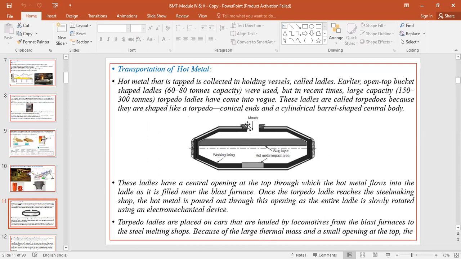Once this torpedo ladle moves to the steel melting shop, it can be rotated, and just beside it there is another transfer ladle.